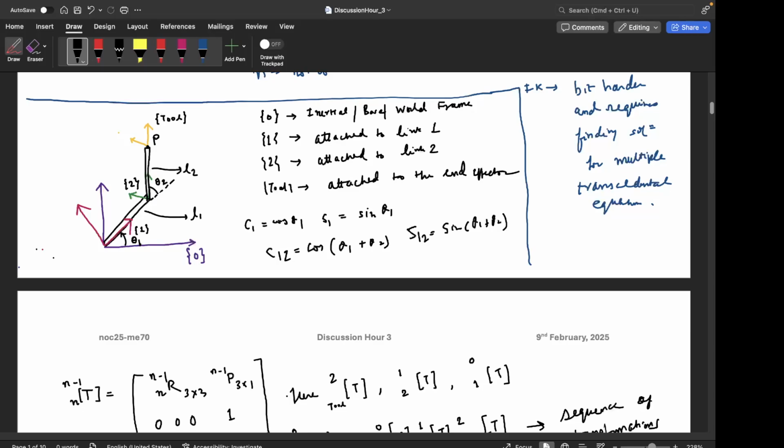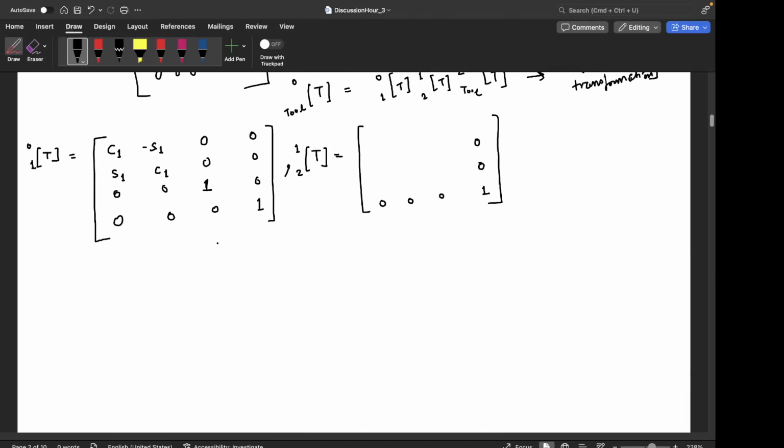So the origin of frame 2 is translated along the x axis of frame 1 by a distance L1, and frame 2 itself has been rotated by angle theta 2 about the z axis of frame 1. Using this information, we can write this. First the rotation part. Any doubts in this? Anyone?